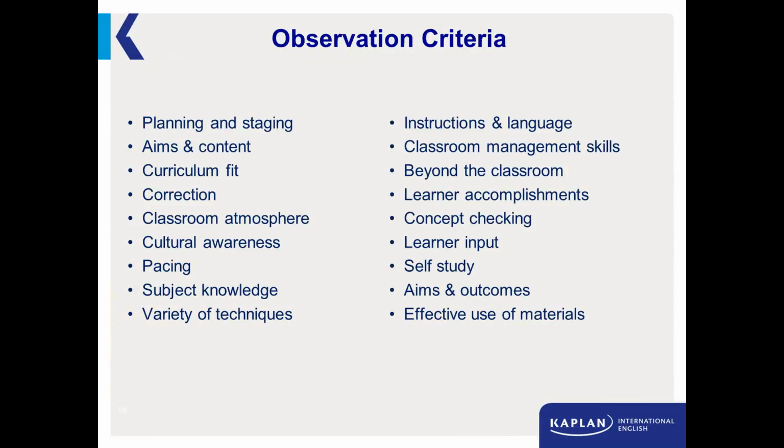So up here is a list of some of the observation criteria that we use in my centre. They're pretty broad-stroked things, and for myself anyway, coming from a CELTA trainer background, they're things that I can easily interpret but can be a little bit challenging for people if they don't have a lot of experience observing other teachers.